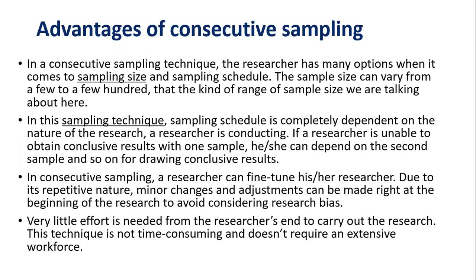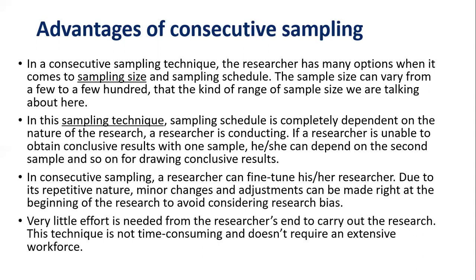If a researcher is unable to obtain a conclusive result with one sample, he or she can depend on a second sample and so on for drawing a conclusive result. So we came to know that there is one more option available, as we have studied: the H0 hypothesis and then the H1 hypothesis. If both are not met, then we can go and study another group of people.